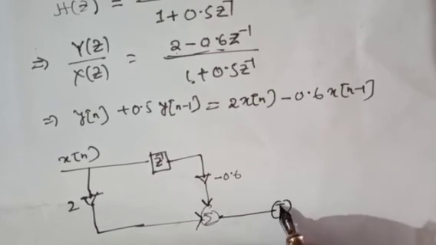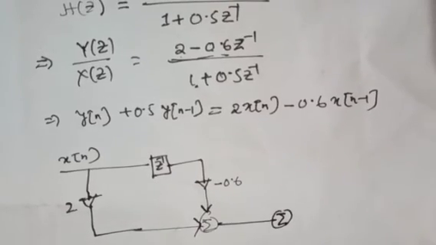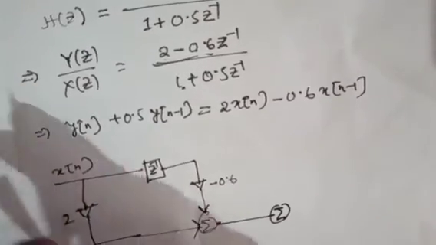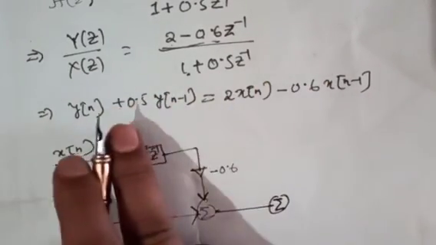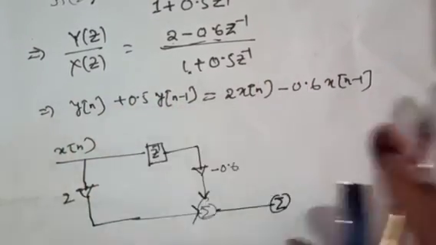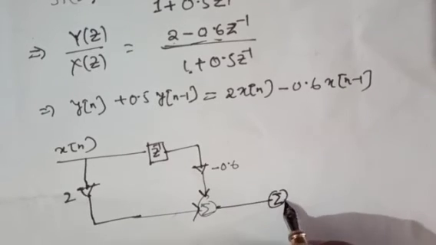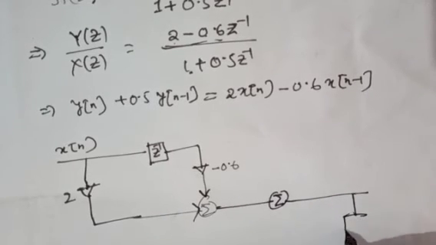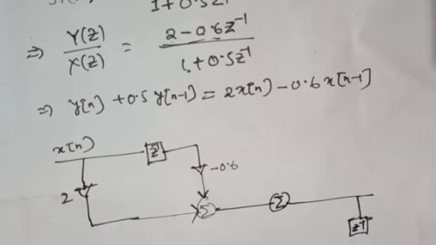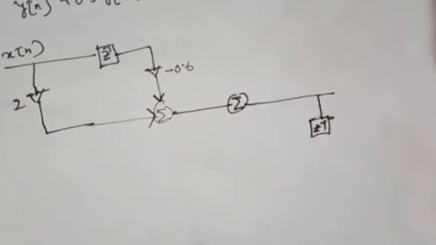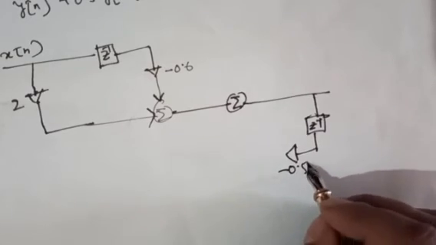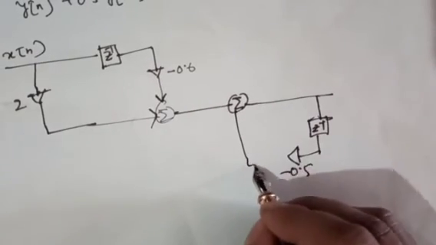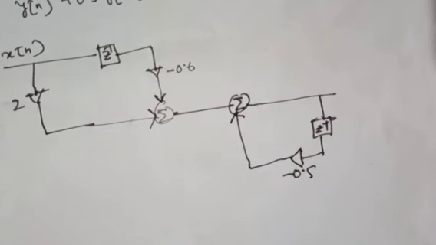Now this output gets added with the feedback, because ultimately I need y(n). So it will be minus 0.5 y(n − 1). So this is your y(n), and that is z⁻¹ giving your y(n − 1) here. Then it is being scaled by −0.5.